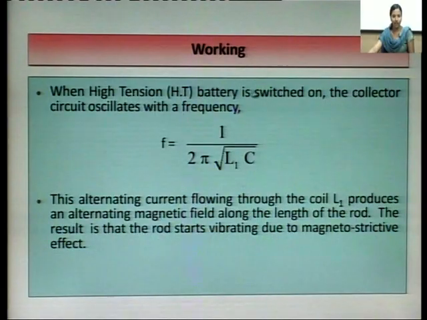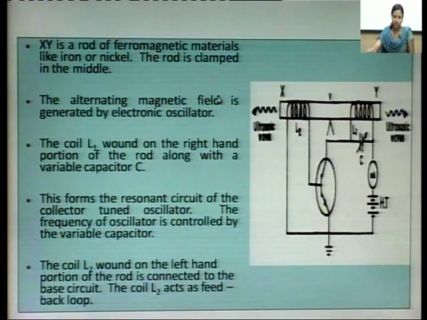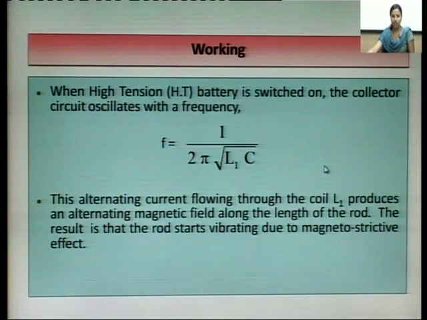When the high tension battery is switched on, the collector circuit oscillates with the frequency f equal to 1 upon 2 pi square root of L1 into C, where L1 is inductance and C is capacitance.